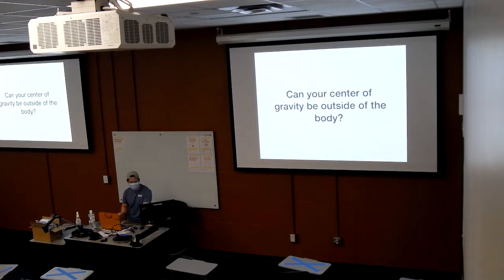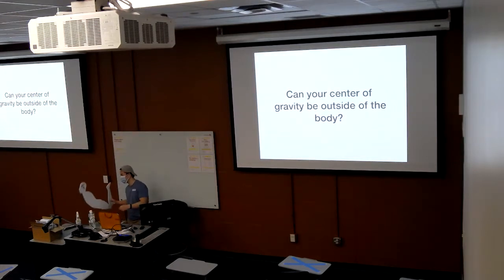And the third question: can your center of mass or center of gravity be outside of your body? Is it possible? Yeah, someone's nodding their head. Can you give us an example? If you're doing a yoga pose. Yeah, exactly, because there's weight over here and weight over here, it might not be on your body. That's pretty smart.